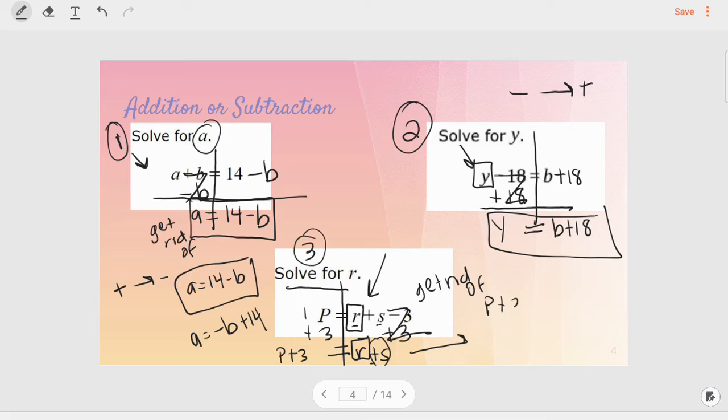P plus 3 equals R plus S. I'm going to undo plus S by minusing S, and I'm going to minus S over here. On the left-hand side, I have P plus 3 minus S equals, on the right-hand side, I have R, and the S plus S and minus S, 0 out.